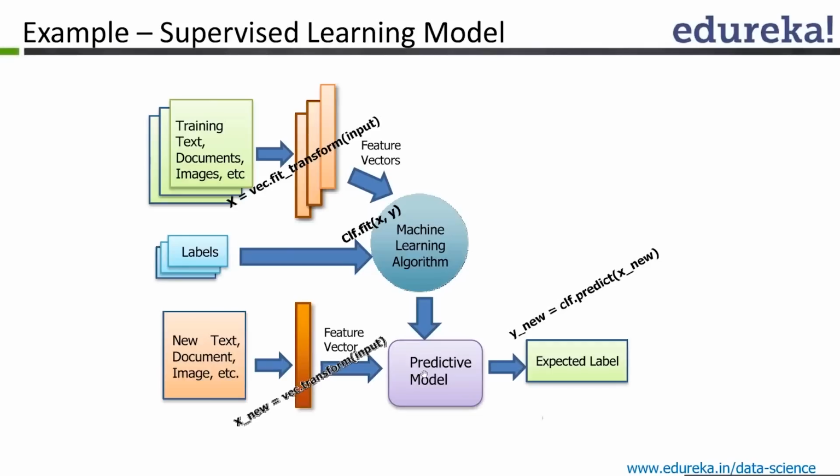So if you look at the entire life cycle, the amount of time spent in the model building phase would be less. Okay, and using the model is typically the least time consuming one in terms of the human effort. Yeah, so most of the time is spent in data preparation.